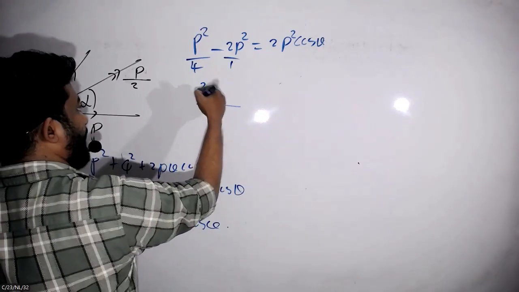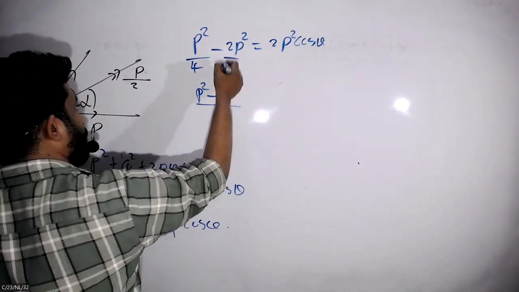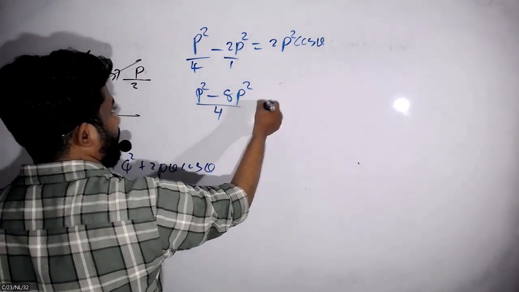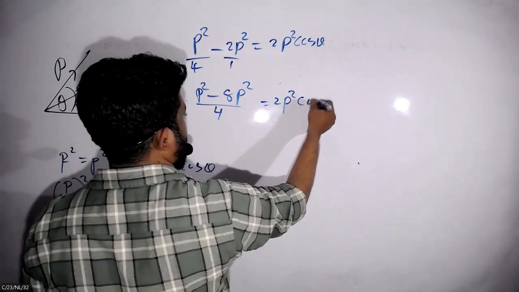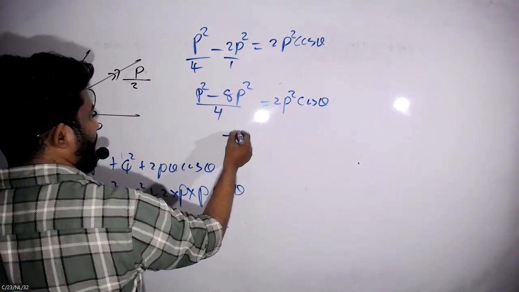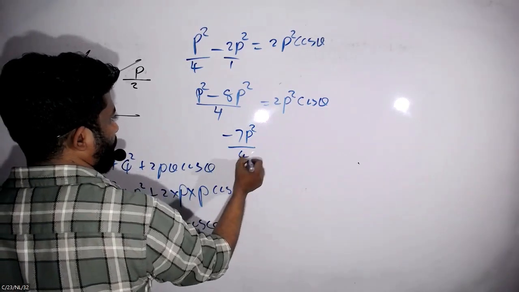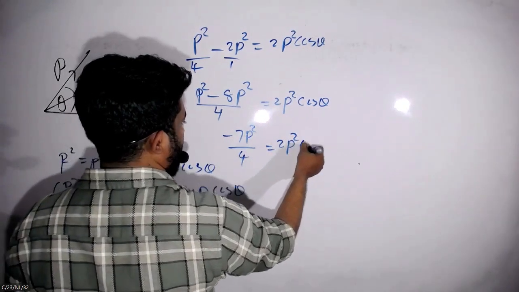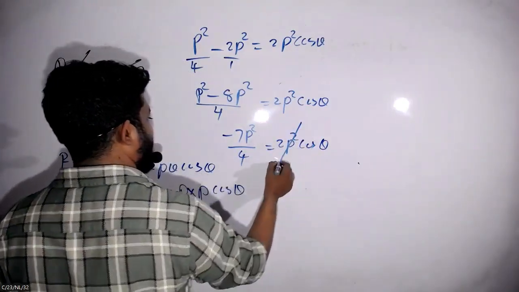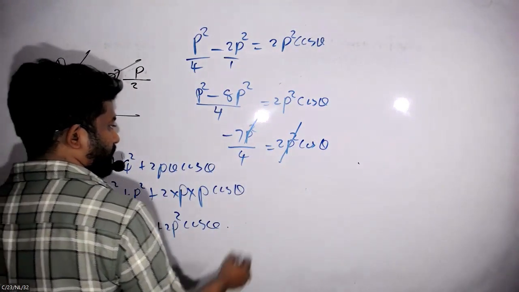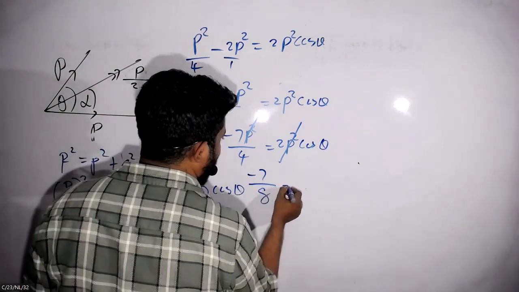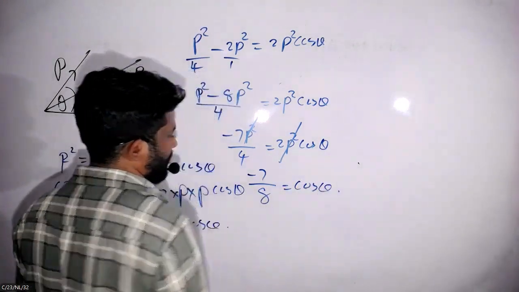P squared minus 4 into 2, 8P squared over 4, is equal to 2P squared cos theta. Then the answer is minus 7P squared over 4 equals 2P squared cos theta. P squared and P squared cancel out. Then minus 7 over 8 is equal to cos theta.